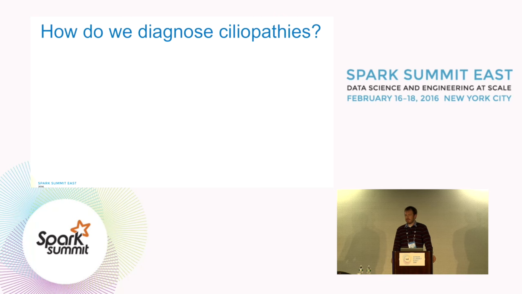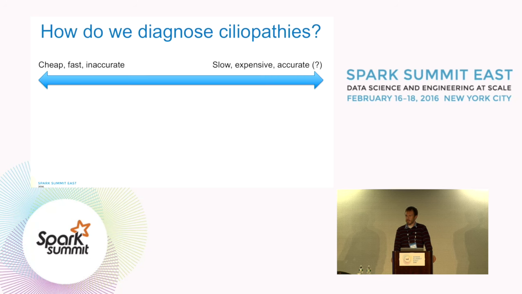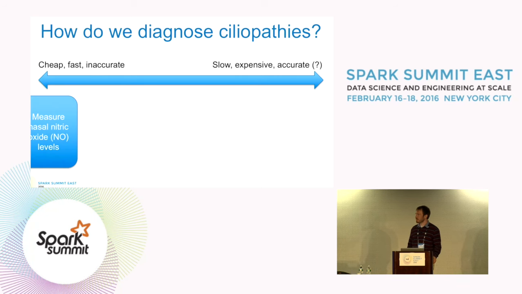So then the next question is, how do we diagnose ailments of the cilia? As with most things, there's a spectrum of methods ranging from fast and cheap but inaccurate to slower, more expensive, and of dubious accuracy nonetheless. On this far end of the spectrum, we have a technique known as measuring nasal nitric oxide levels.